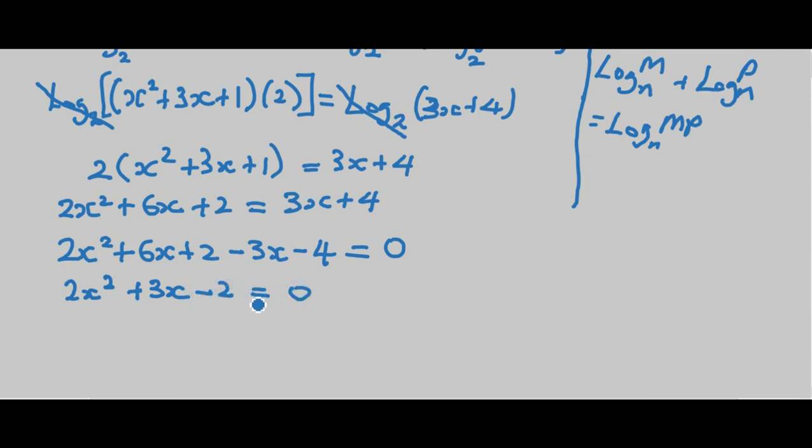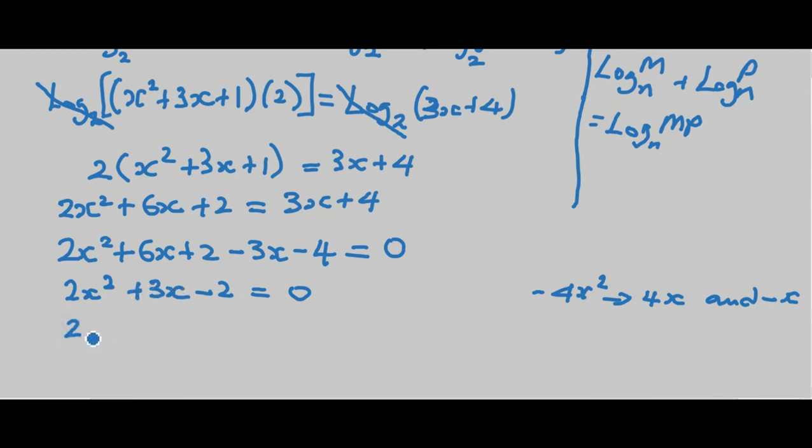This is a quadratic equation, and we can solve it by factorization. We'll multiply 2x squared with minus 2, we'll get minus 4x squared. So the factors of minus 4x squared which, when we add them, give 3x are 4x and minus x. So these are the factors of minus 4x squared, and we can break our 3x into these factors.